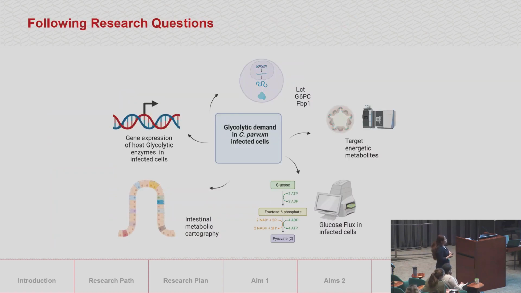To continue this aim, I want to do some targeted metabolomics in Cryptosporidium, also study the glucose flux in infected cells, do some spatial cartography, and complement with gene expression analysis.